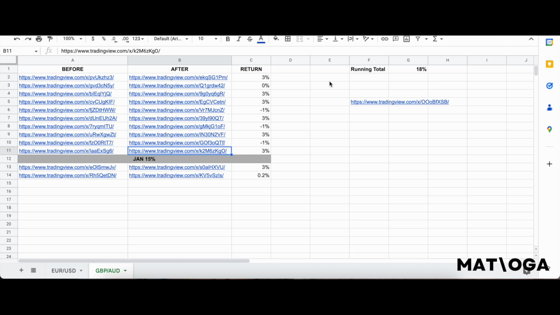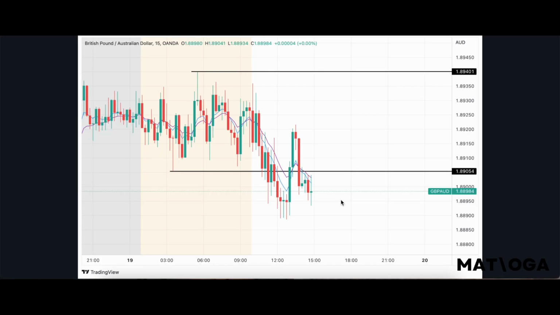And also I marked this chart because I believe it's something important I wanted to mention. Look at this. Look how messy and how bad this looks. The whole Asian session was just a complete mess, as you can see. A lot of spikes and wicks, which is not ideal.